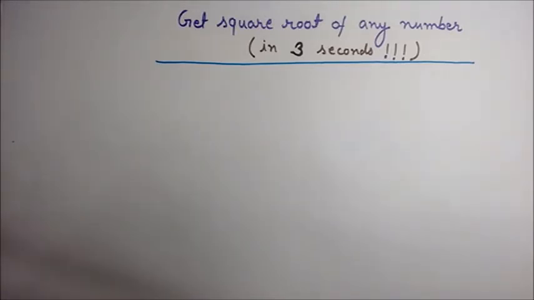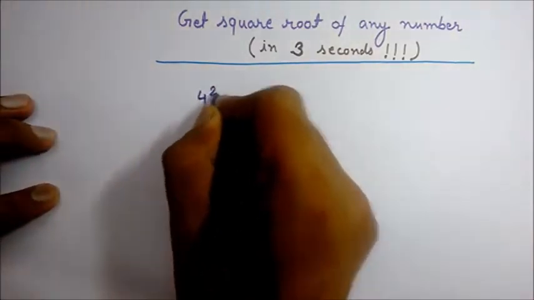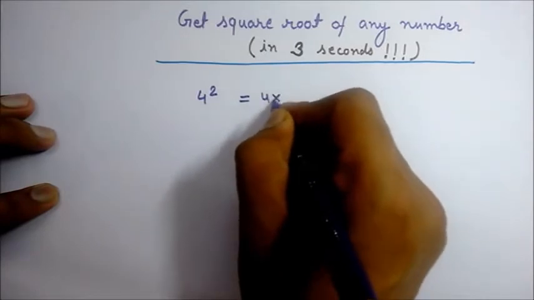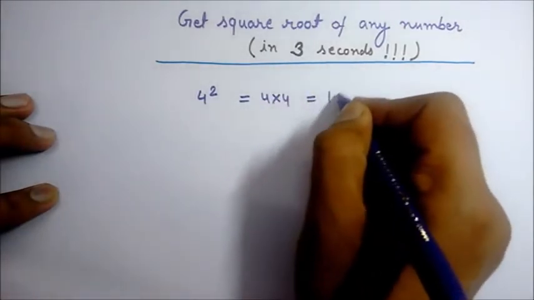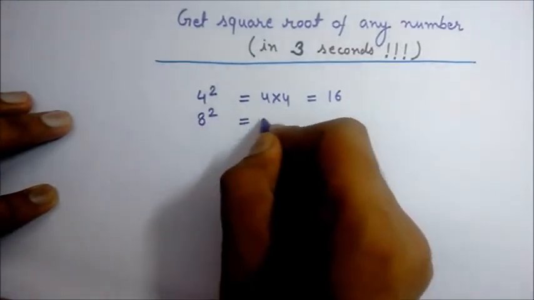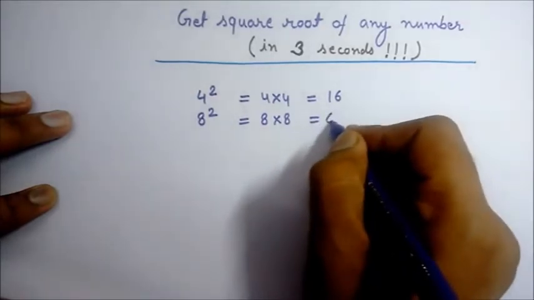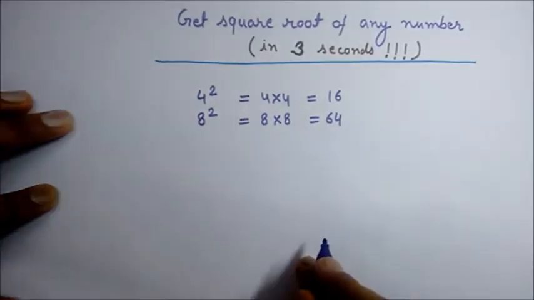We know that the square of any number is obtained by multiplying that number with itself. Like the square of 4 is equal to 4 into 4 equals 16. The square of 8 is 8 into 8 equals 64.